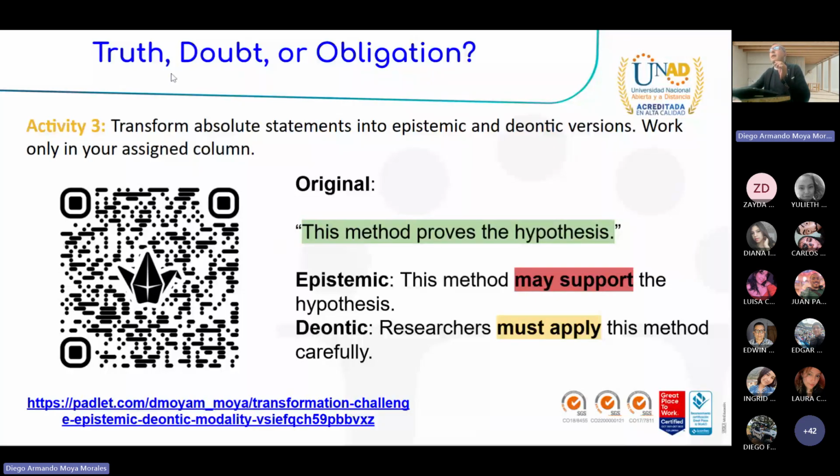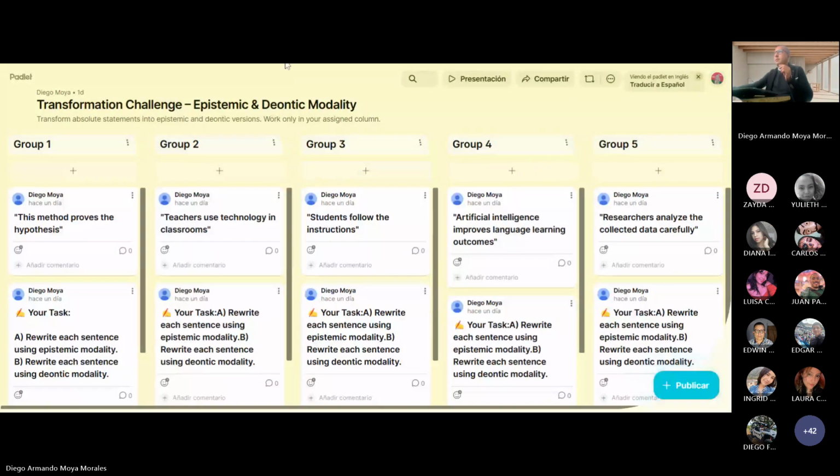Okay. And let me share my Padlet with you. And we have like 5 different groups. Let me know if you can see my screen, if you can see my Padlet.